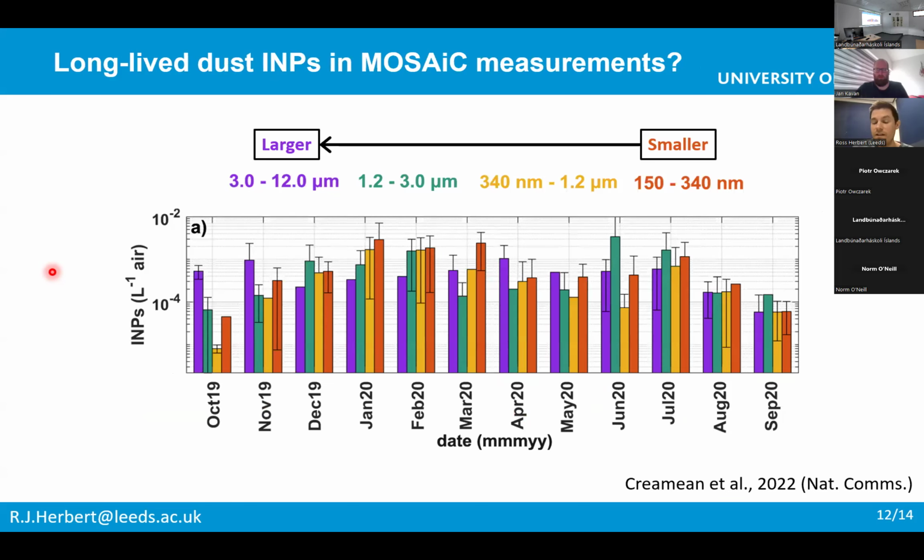And is this actually happening? These are some IMP measurements made during the MOSAiC campaign. They tethered to the ice sheet and floated with it for a year in the Arctic around the pole. And they measured the IMP concentration in different sizes. So we have large particles in purple and then the smallest particles in red.